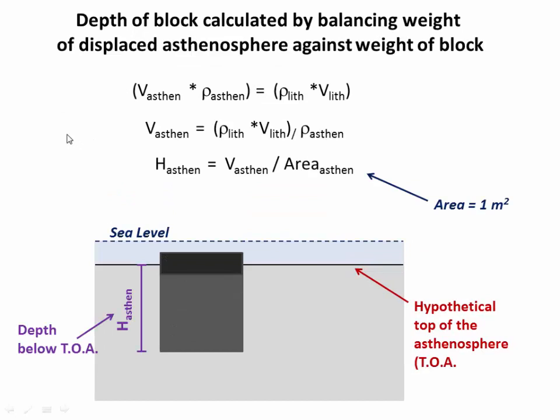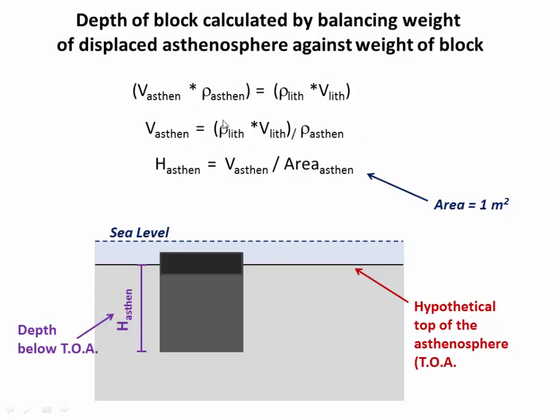So now that we have our weighted average density, we can solve for the height or the depth of the block below the top of the asthenosphere. So we're going to start that solution with our mass balance here, just restate it again. And then we're going to do a little bit of algebra on this statement, and we're going to just solve it for the volume of the asthenosphere.